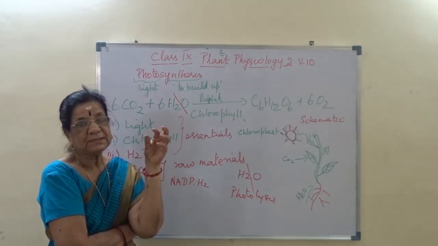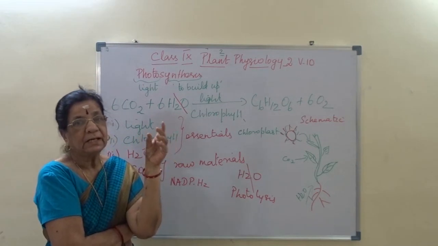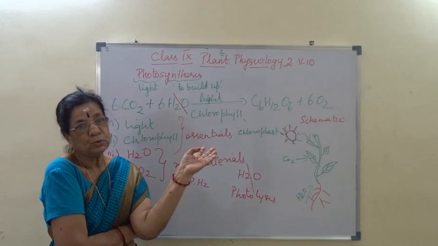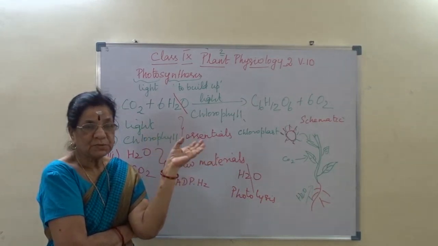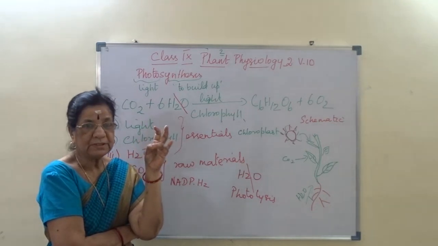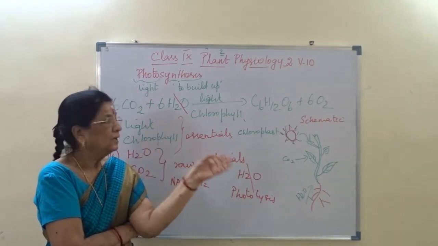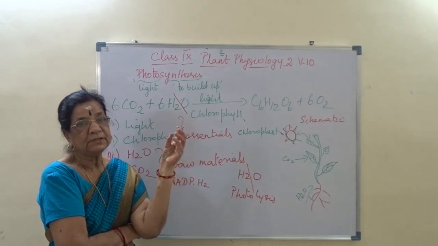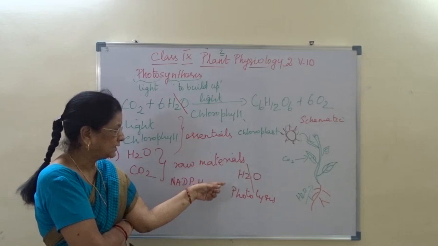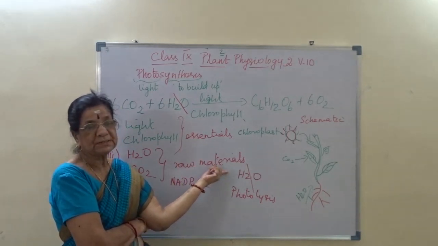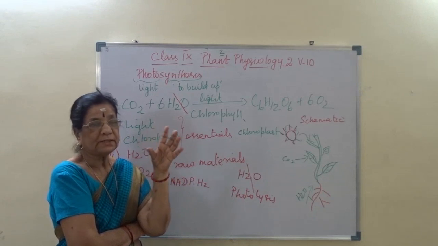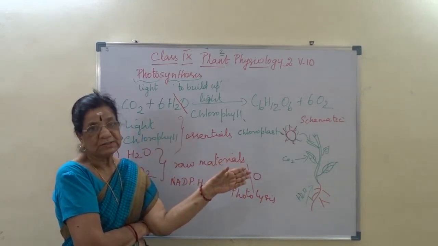The water, absorbed by the root system through diffusion, imbibition and osmosis, reaches the leaf and undergoes photolysis, splitting into hydrogen and oxygen.